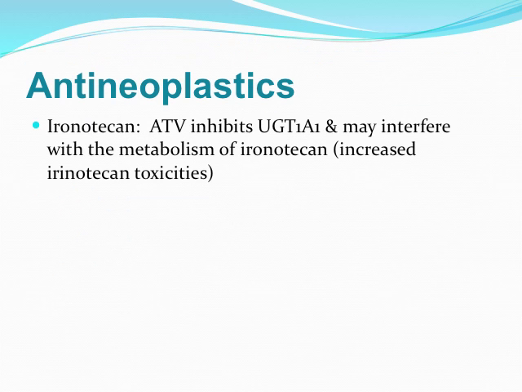And then anti-neoplastic agents, irinotecan has been shown to interact with atazanavir because it inhibits the UGT1A1. And then also I thought of ritonavir because of UGT1A1, but I couldn't find anything in the literature about that. But it uses the same mechanism for metabolism.